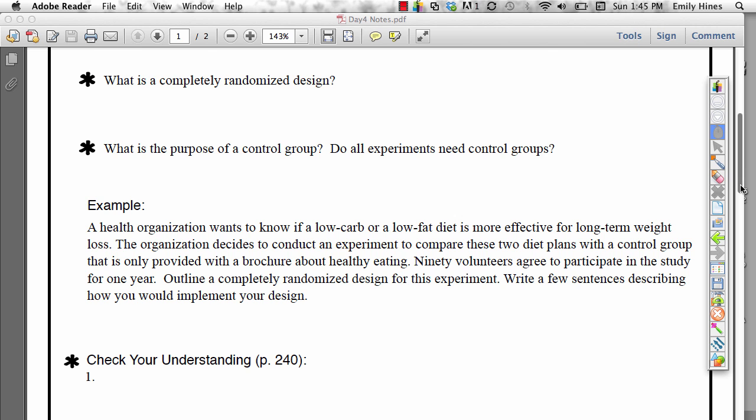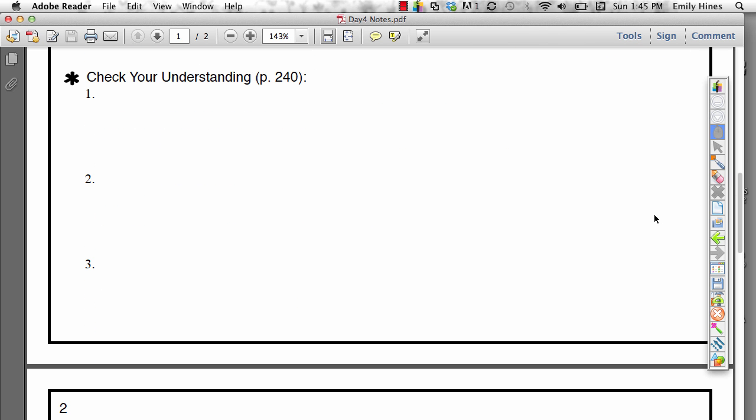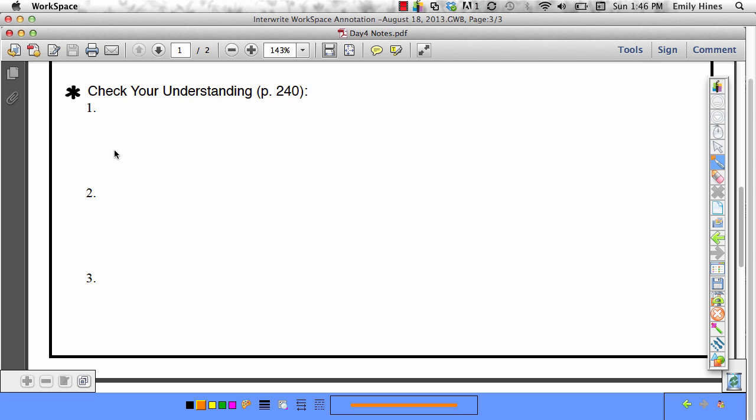Okay, let's check out the check for understanding questions on page 240. Remember, you do these, pause the video, and then check your answers. So for number 1, I have 29 students. I randomly assign them. Below I state my method. For the sake of time, we won't do that, but it would be the hat method or random number generator, and I sufficiently describe my method.